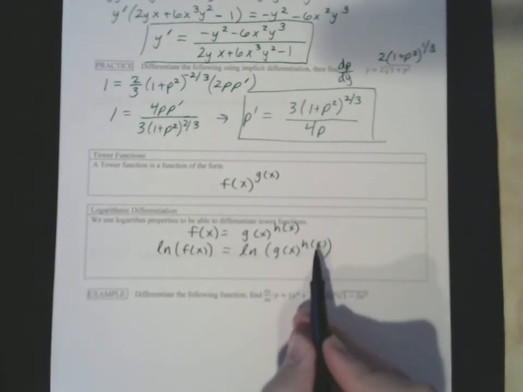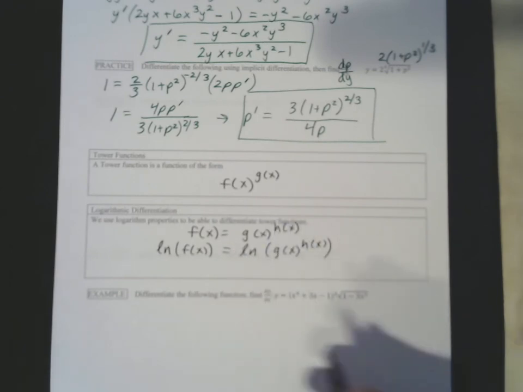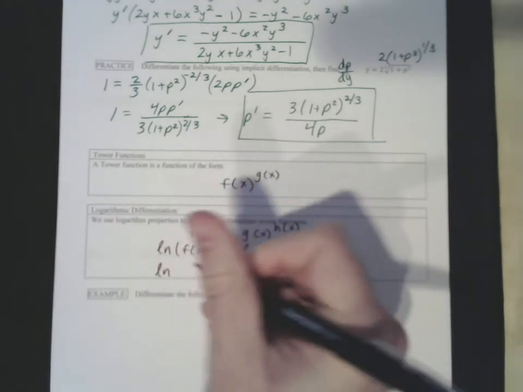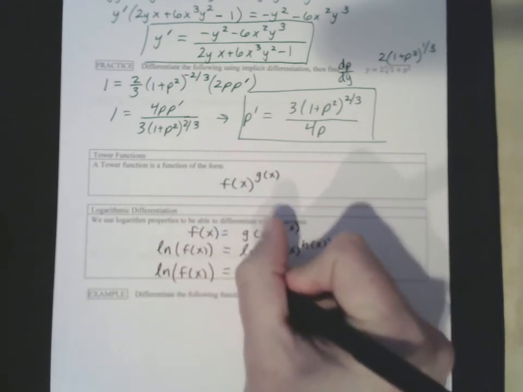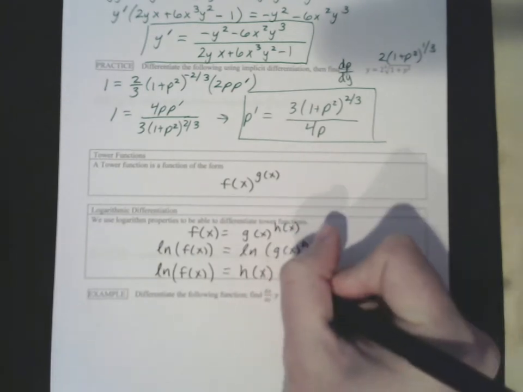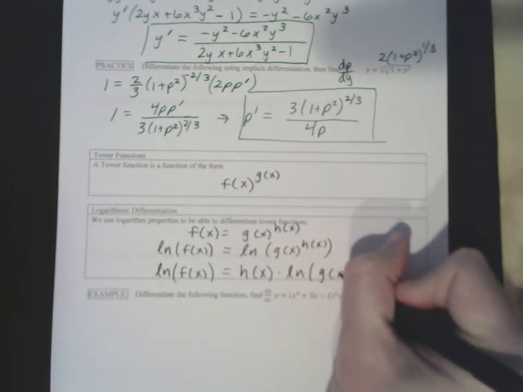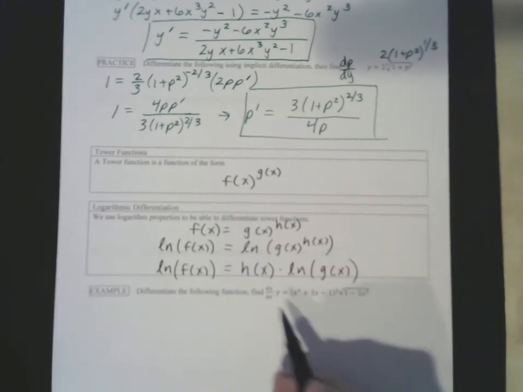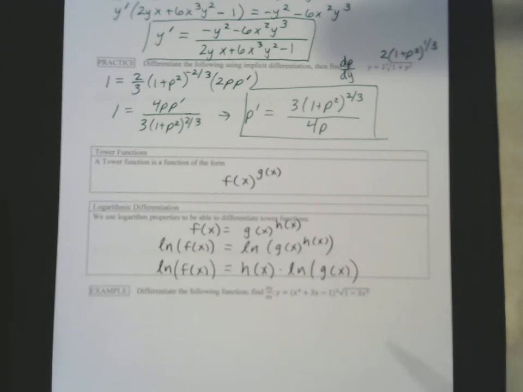And we know that our logarithm properties allow us to bring the h of x down. So this means that ln of f of x equals h of x times ln of g of x. And now we can take the derivative using a product rule, using chain rule on the logarithm, but it allows us to do it.